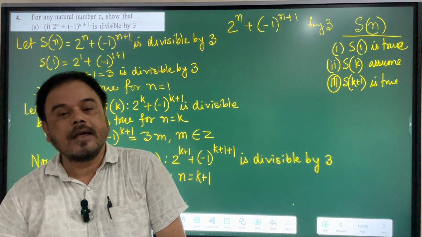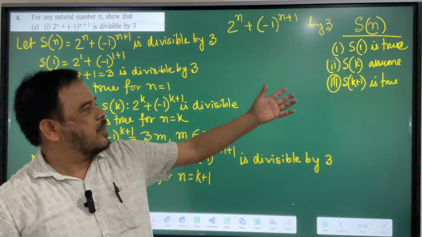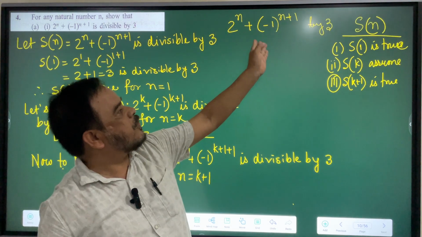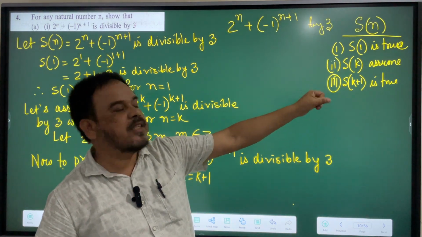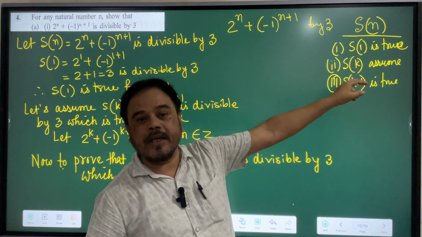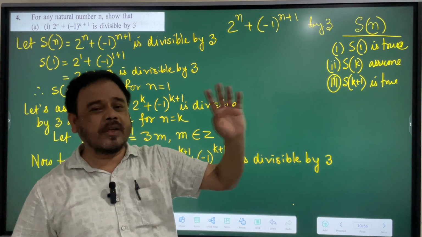The same thing we have been repeating again and again. In the divisibility case we do for first S1, then Sk we have taken as assumed. You can go back to exercise 3.2 and check it.